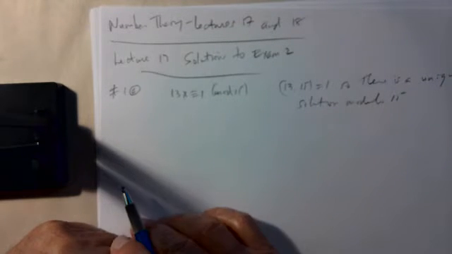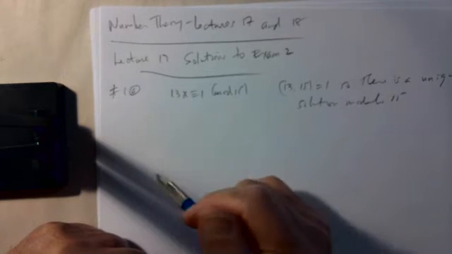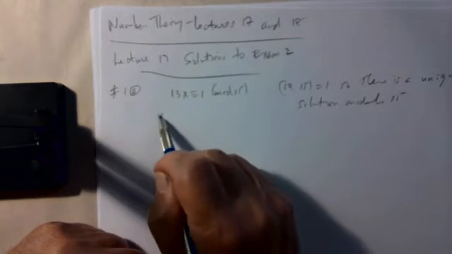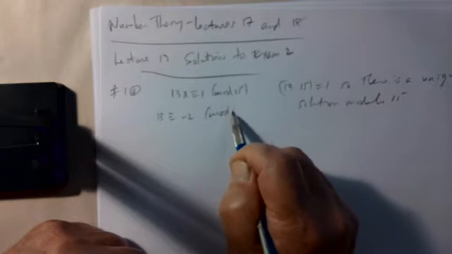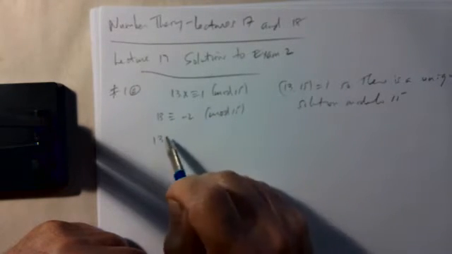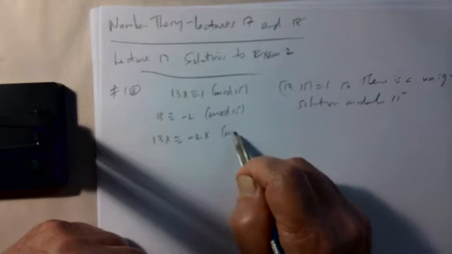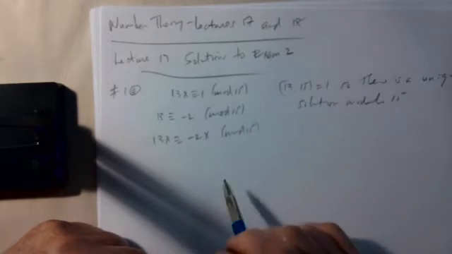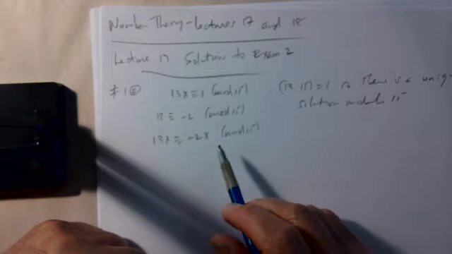I mean, you can always do trial and error, just try everything. Or if you want to be a little bit quicker, you know that 13 is the same as minus 2 mod 15. So 13x is the same as minus 2x mod 15. And 14 is like minus 1.